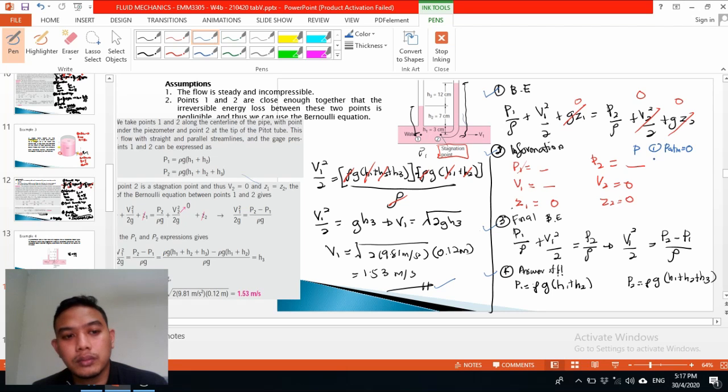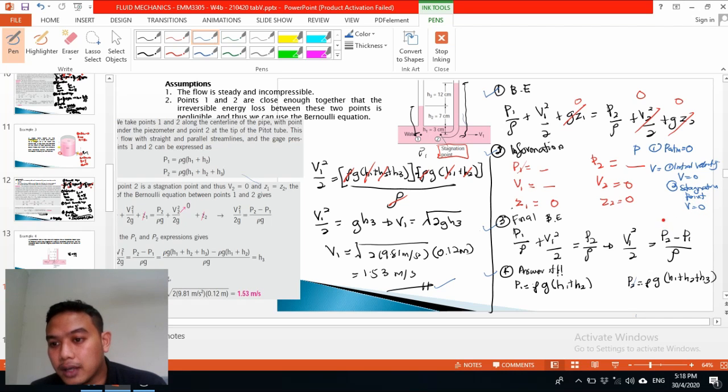In terms of V, there are 2 points: point number 1 is the initial velocity, so V equal to 0; the other is a stagnation point, so V equal to 0.